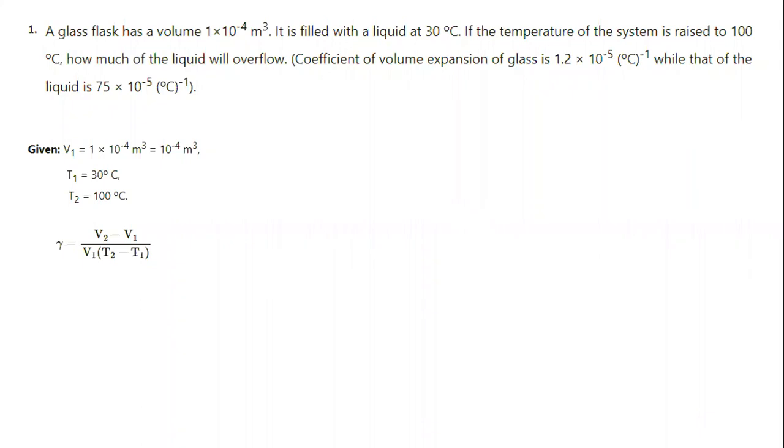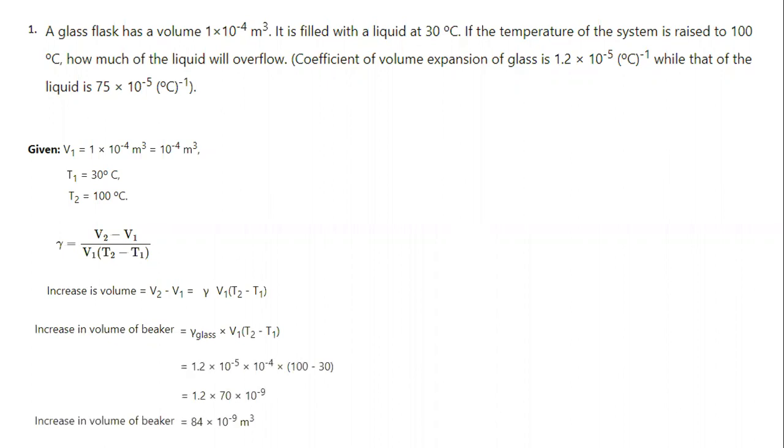Now, the increase in volume we have to find for the beaker is given by this formula, and I think it is coming 84 into something. This is gamma, this is V1, and this is the rise in temperature, 70.